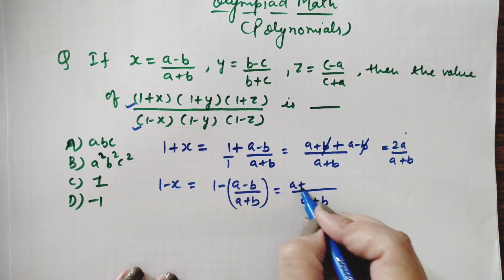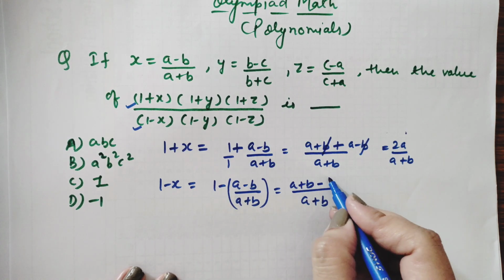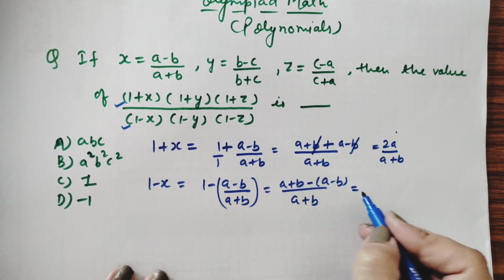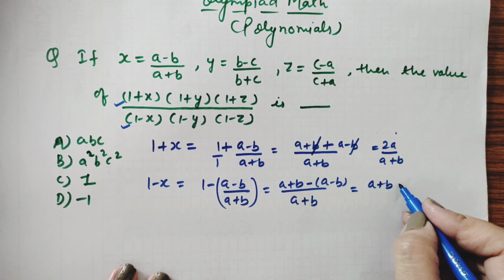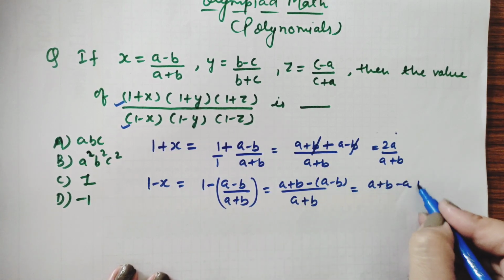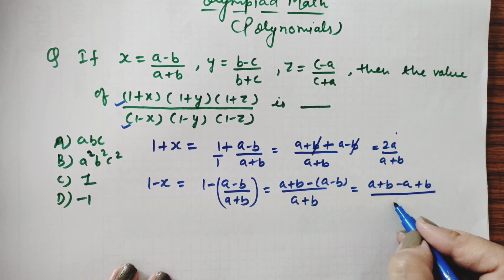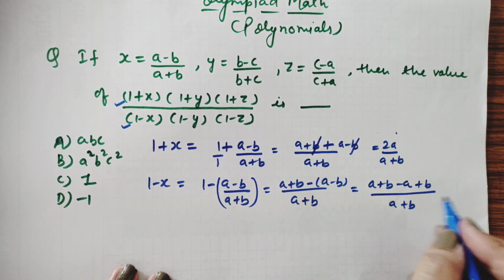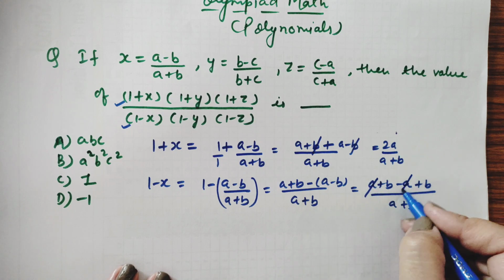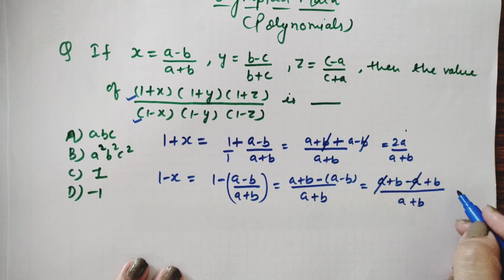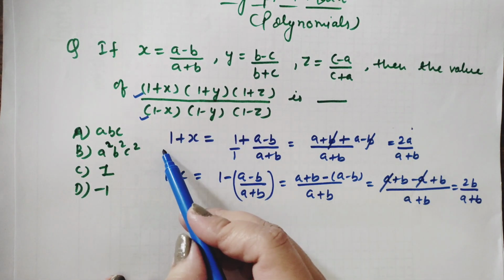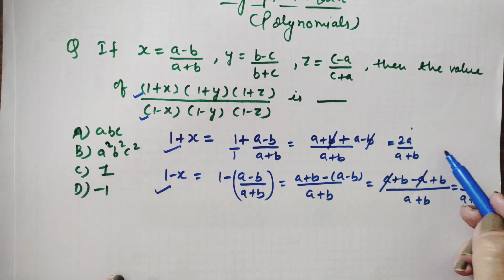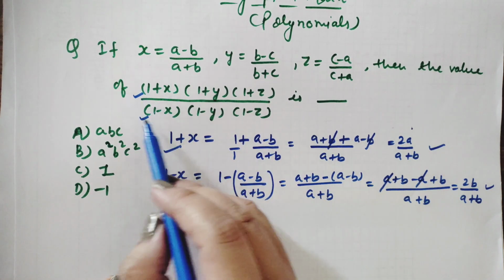So here is a plus b, and this minus sign goes inside in the next step: minus a, and minus minus plus b, upon a plus b in the denominator as it is. This a and a cancel out. So here is 2b upon (a plus b). So this is 1 plus x, and this is 1 minus x.